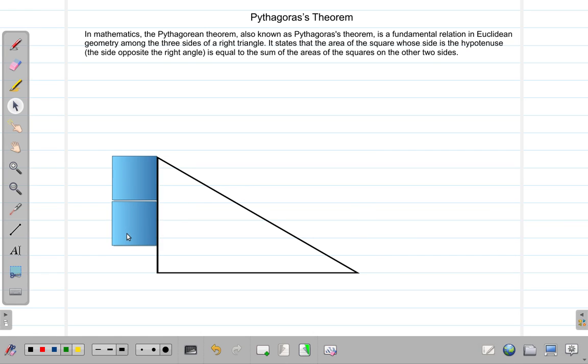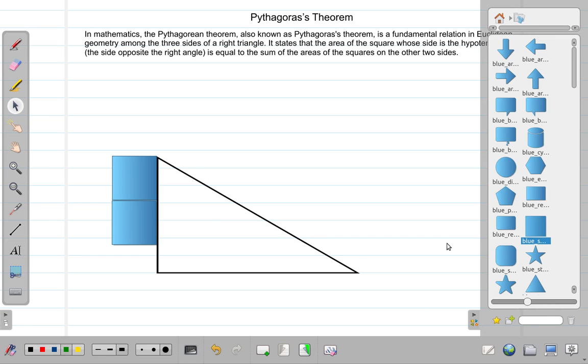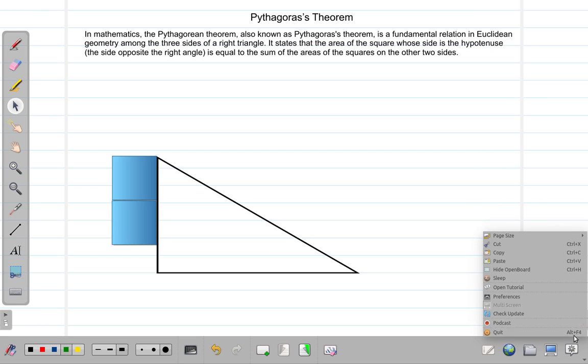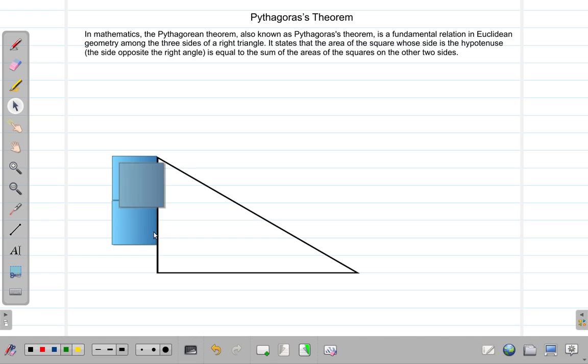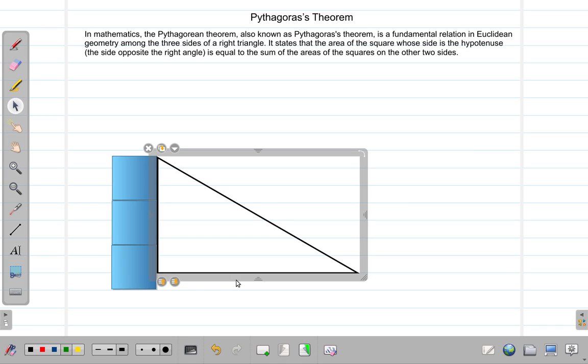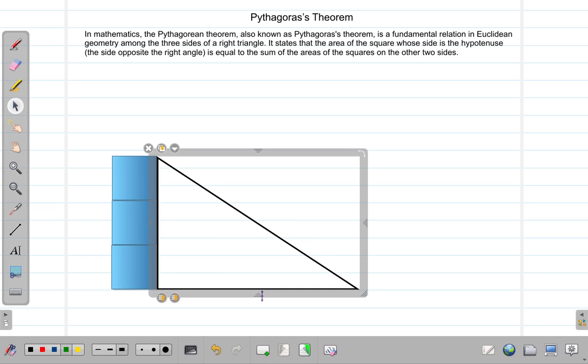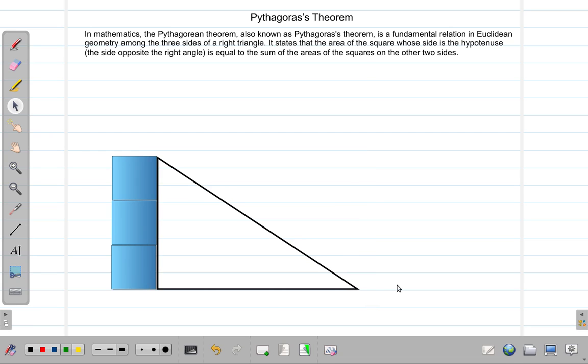Get another blue square to touch the right angle triangle, and let's paste again. We have a third blue square. Okay, so we make our blue squares of the same length. This is three blue squares.